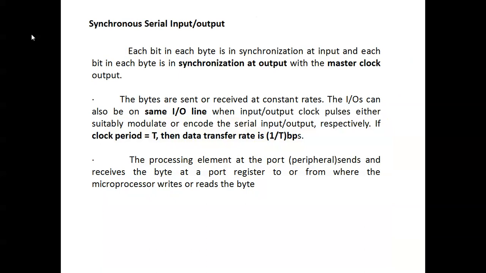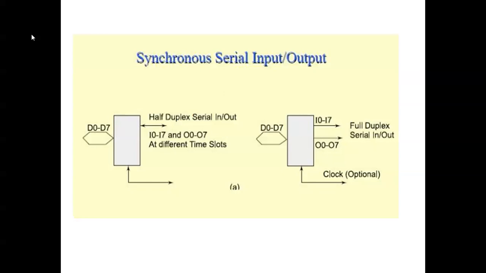So that's the diagram shown. Here the data rate is again 1 by T, on the same input output line. We can send the data, and the clock pulse is suitable for moderately fast serial input output ports. Just now I said again, serial input and output I0 to I7 at different time slots.